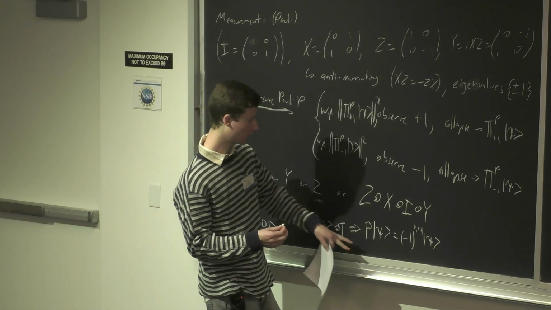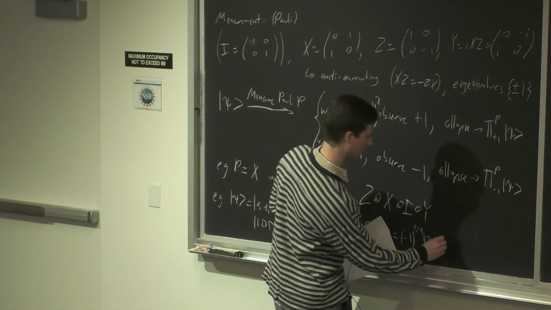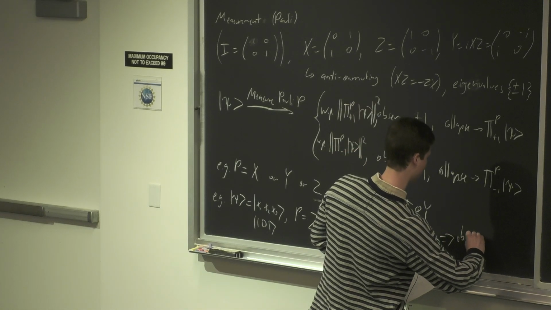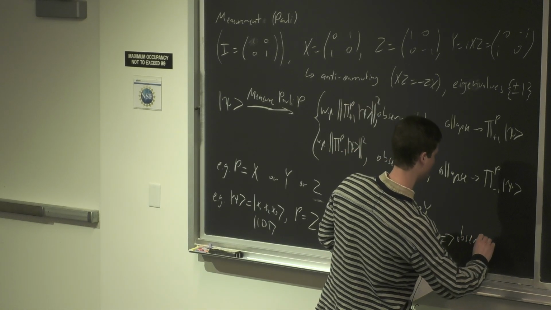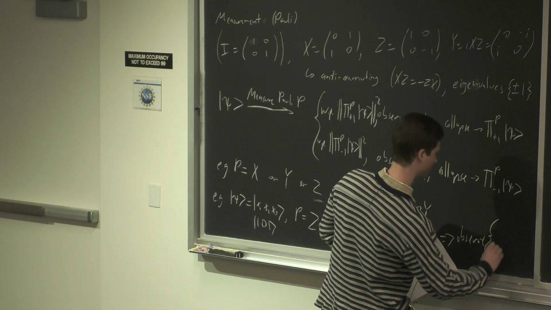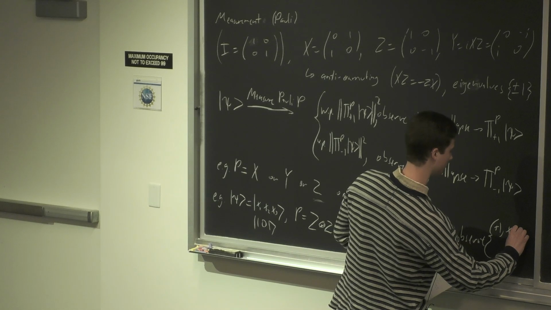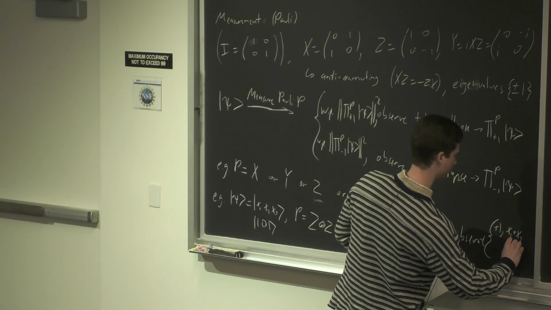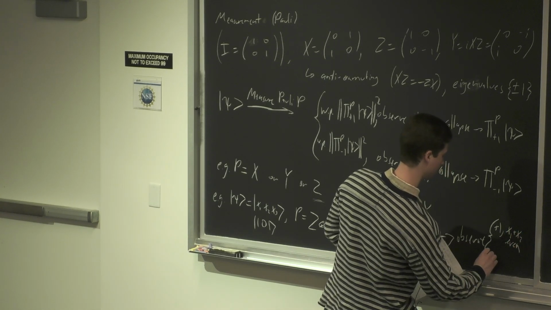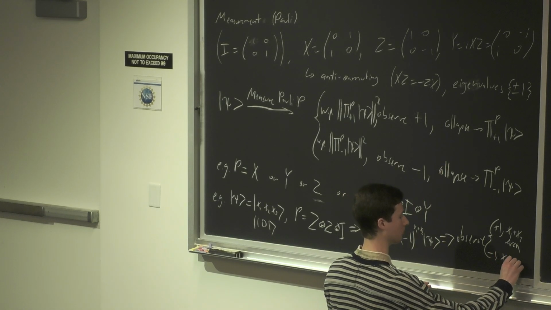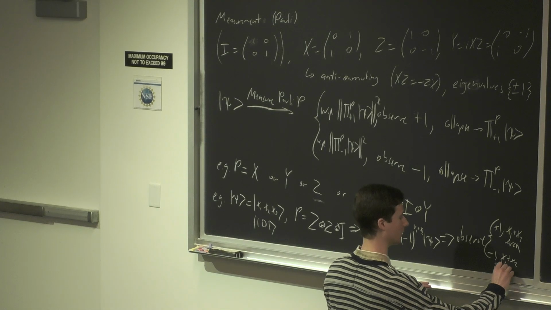Which means that if we measure Pauli p on this state, we observe either +1 or -1. +1 if x1 plus x2 is even, and -1 if x1 plus x2 is odd. Sorry, that's a little small.